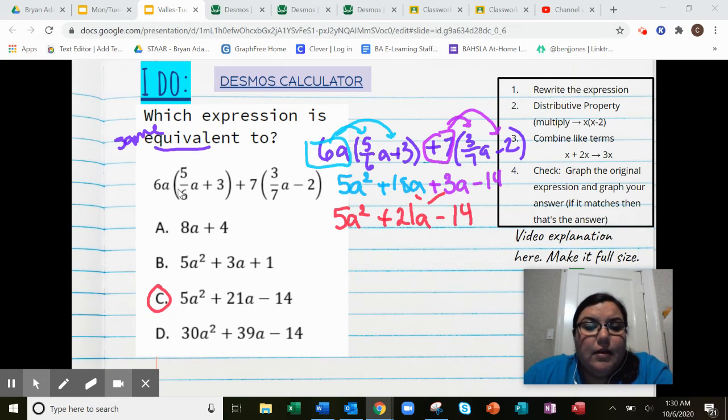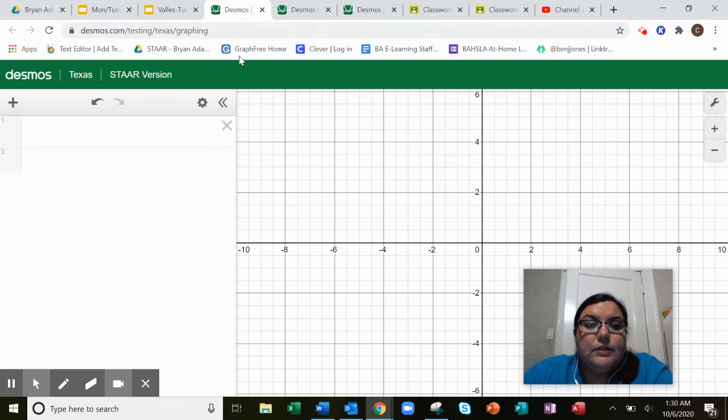So when I graph it, I cannot have a's, right? I have to have x's and y's. So let's go ahead and type this in.